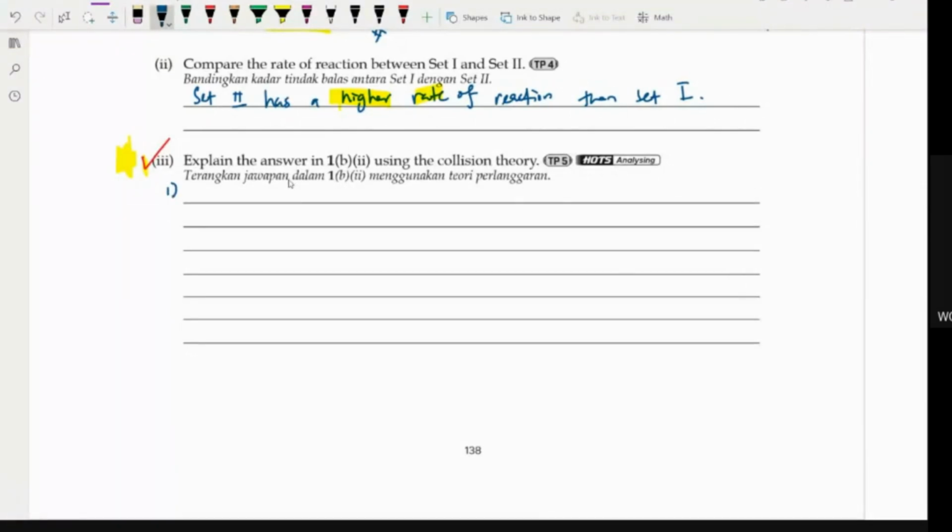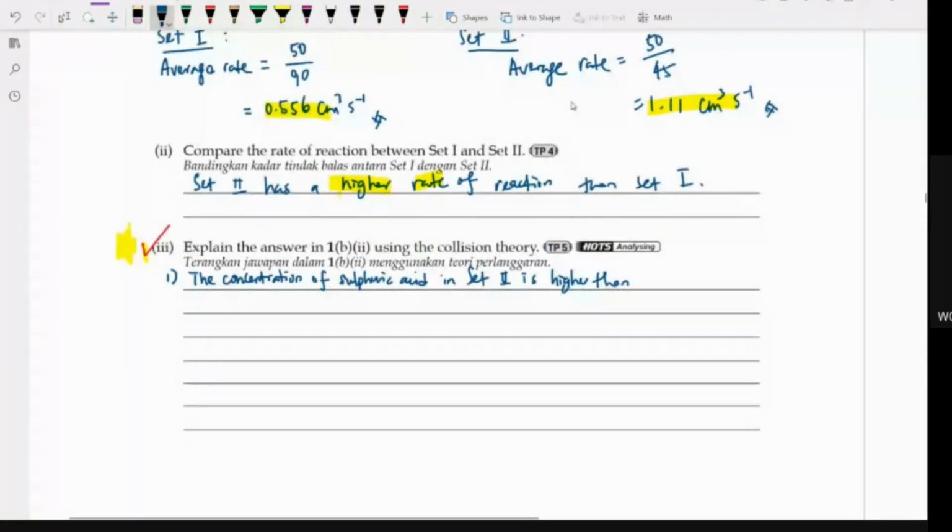So set 2, the concentration of sulfuric acid in set 2 is higher than set 1, which is hydrochloric acid.